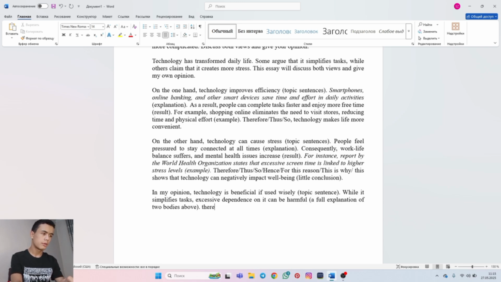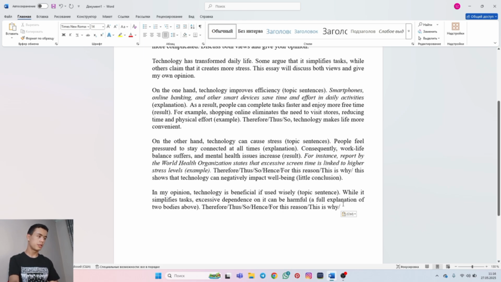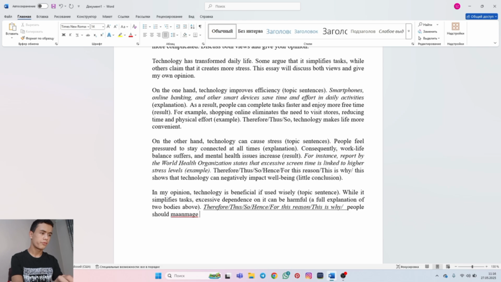Therefore, as you know, you can just use alternatively, therefore, or all of them should be just underlined, something like this. And therefore, people should manage their technology usage.